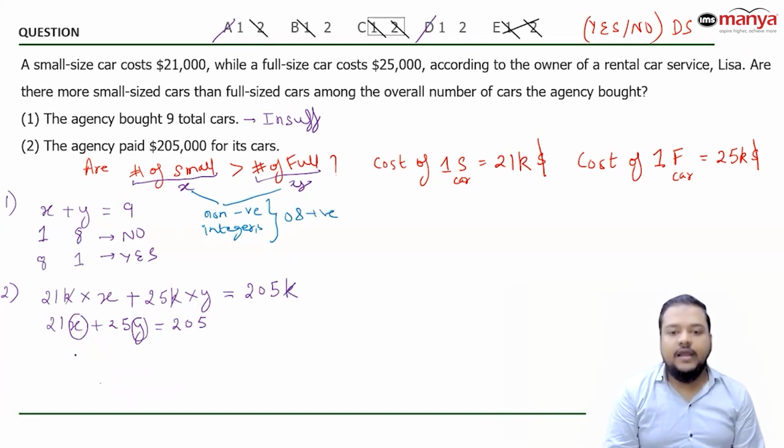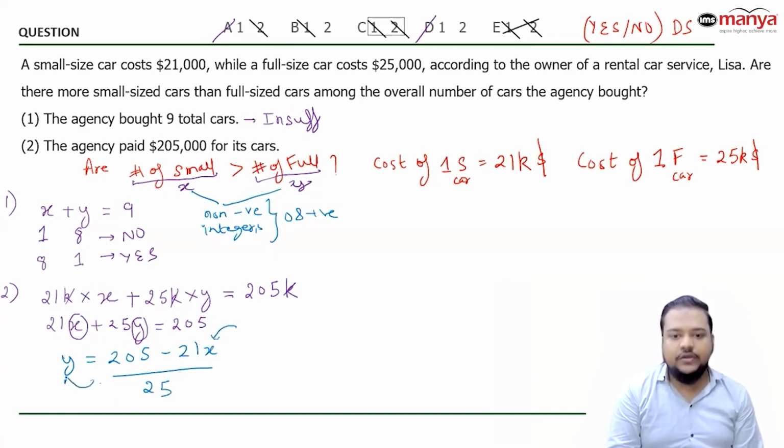So guys, for hit and trial, a simpler way is to write this equation in this manner. Watch out here. So y equals (205 minus 21x) divided by 25. Now hit and trial means that you put values of x and check the value of y.